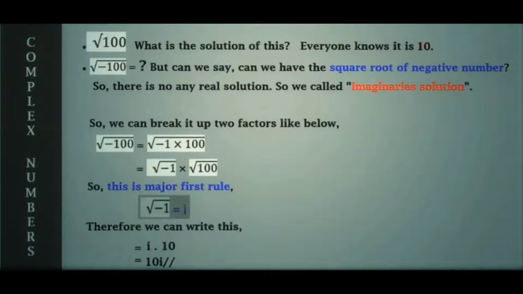We can break it up again into square root of negative 1 times square root of 100. So this is the first major rule. Square root of negative 1 equals i. Therefore, we can write i times 10, and then we write 10i. Okay, I think you understood well. Okay, let's go.